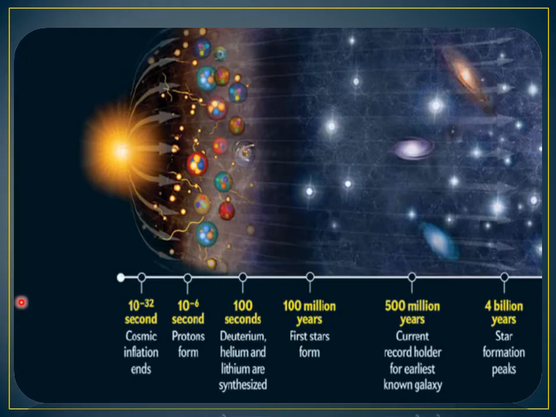Let's talk about the Big Bang Theory, as this is the accepted theory on the origin of the universe. From time zero, or 13.8 billion years ago, all matter and energy in the universe existed in a hot, dense, tiny state. It then underwent extremely rapid exponential inflation.